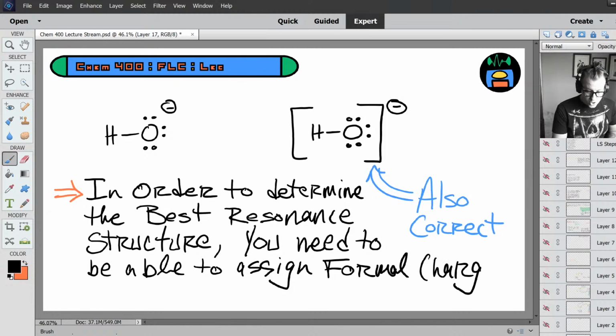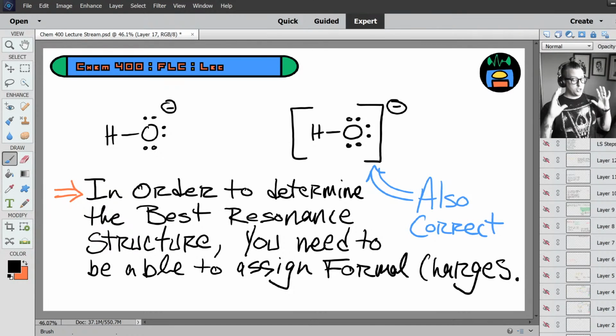So you can totally use the bracket method for writing Lewis structure, throw the charge outside. But if you do not know how to assign formal charges, you won't be able to do step 6, which is figuring out your best resonance structure. And if you can't do that, then you're going to get those answers incorrect.